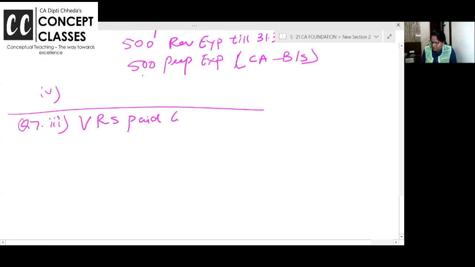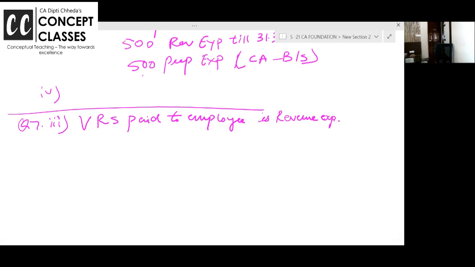VRS paid to the employee is generally a revenue expense.